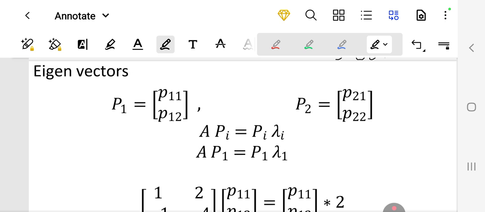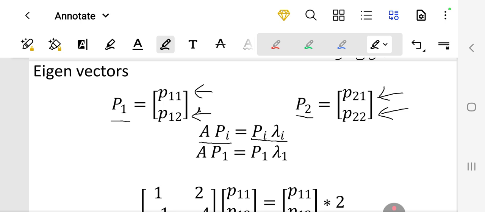For the first eigenvector, we will call it P1, which is equal to P11 and P12. And the second eigenvector will be P2 with entries P21 and P22. To obtain the eigenvectors, we multiply the A matrix by the eigenvector, which equals the eigenvector multiplied by the eigenvalue.